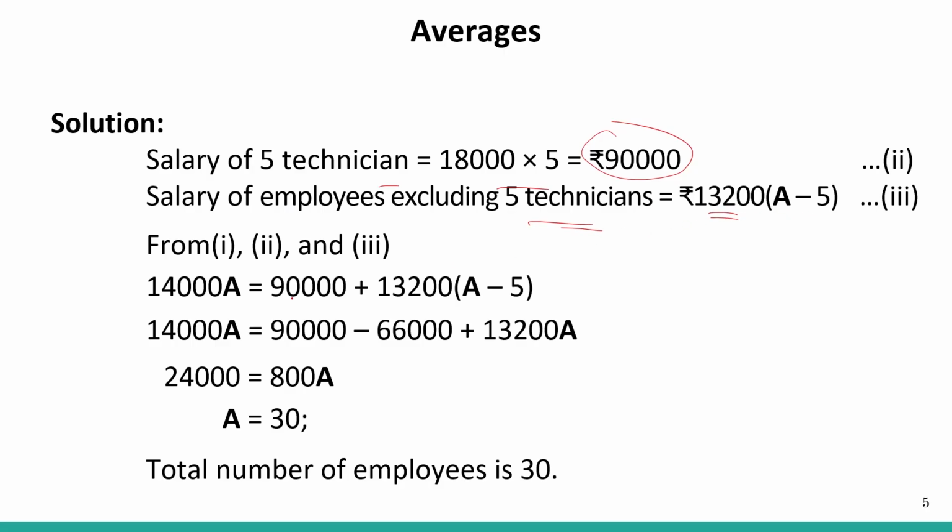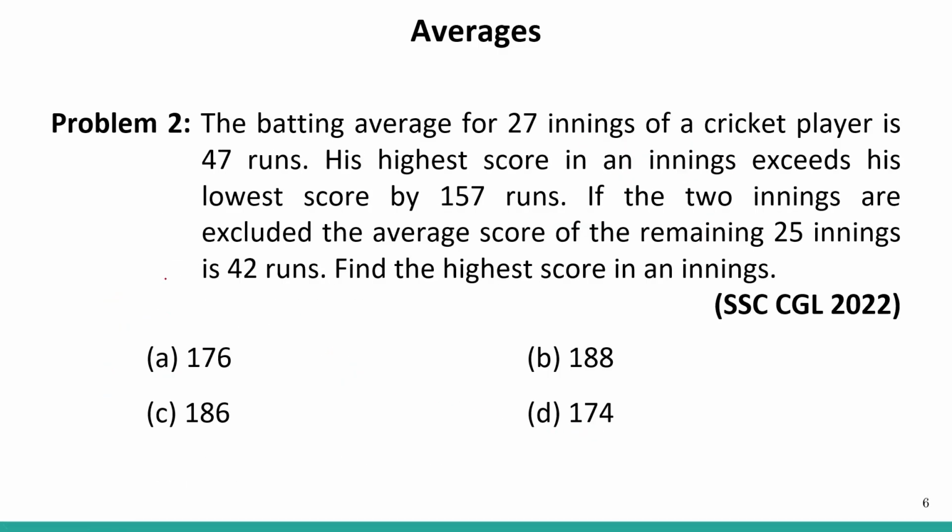So by solving these 3 simultaneous equations, we get 24,000 is equal to 800 A, so A is equal to 30. Using these 3 equations, the number of employees is 30.